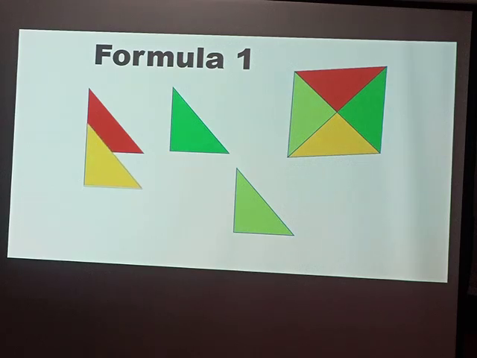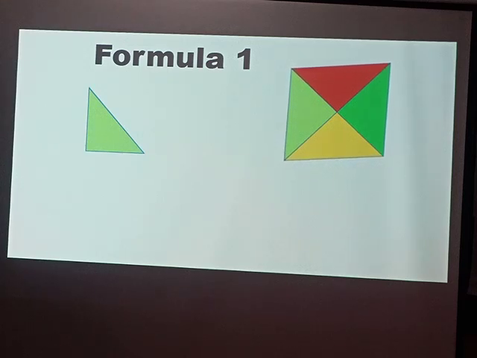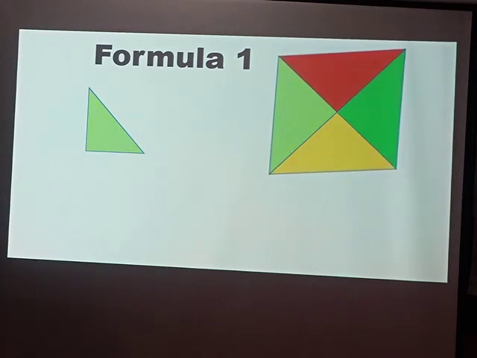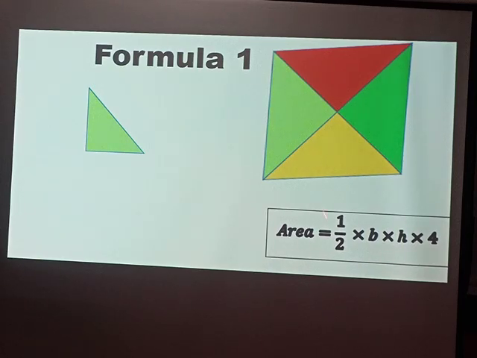Let's see. I'm putting yellow on red. Let me move another one on yellow. You can see there's nothing moving out. And the last one is there. There were 4 triangles. That means I just need to have that rhombus, and at the end I will have that formula that a half times base times height times 4 is meant to give me the formula for finding the area of a rhombus.